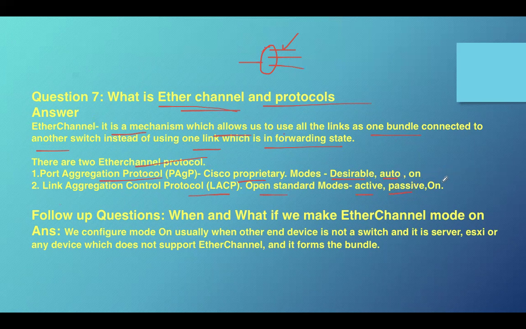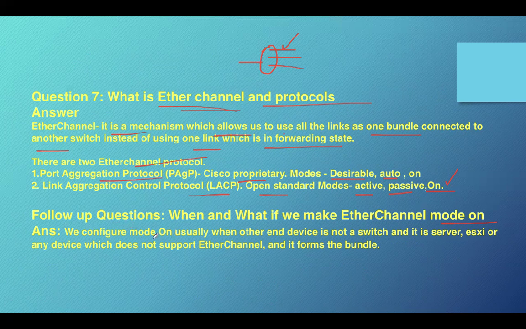There is also a separate mode which is called on. They may ask a follow-up question, right? What would happen if we make the Ether channel mode on? They want to ask what happens when we configure the Ether channel mode as on, and where do we normally configure it?